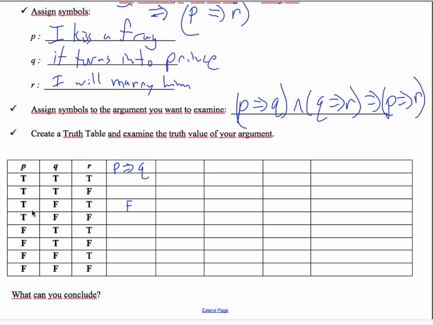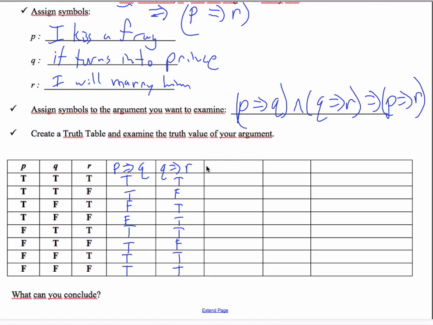There are 2 of them here, and the rest are trues. Then we have Q implies R. We're looking at TF with the Q and the R here. So we have a false there, and we have another one down here. The rest of them are going to be true.